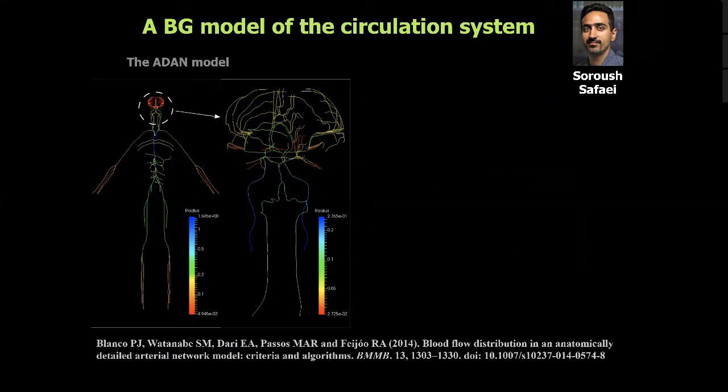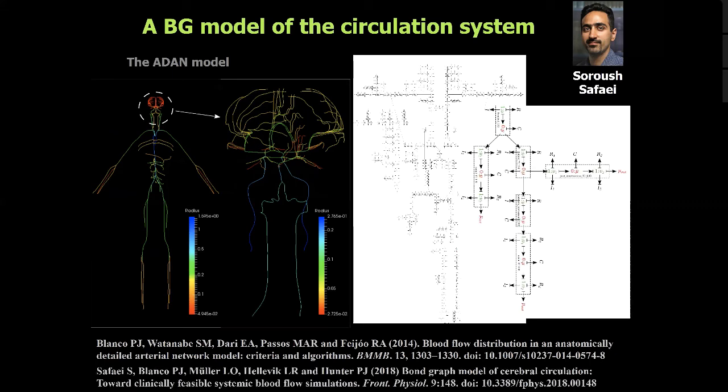And these are shown here in bond graph form, all available through the CellML site. And they run in real time, or better than real time. So for clinical applications where you want to solve large scale CFD, you can do it easily on a desktop computer with a bond graph formulation of those equations.